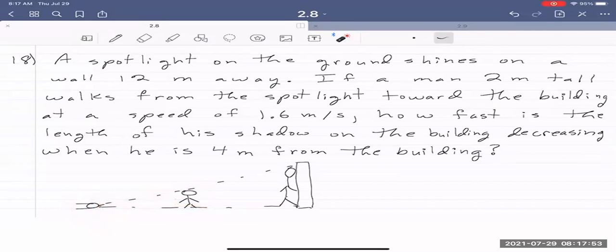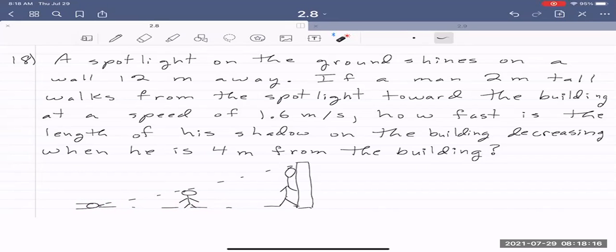This spotlight is on a wall 12 meters away, so this spotlight is 12 meters from this building. So I guess that's fixed.